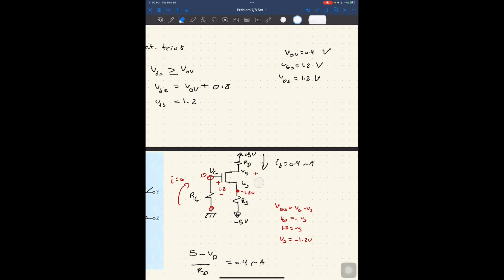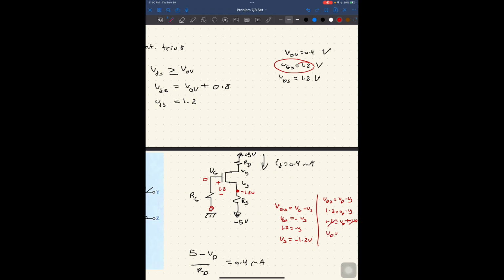Okay? So through some not even that complex math, really just saying that no current flows through the gate, the gate is 0. If the gate is 0 and VGS is equal to 1.2, then VGS equals VG minus VS equals 1.2, and this is 0, then VS equals minus 1.2 volts. And continuing off this math, VDS is equal to VD minus VS, and VDS is equal to 1.2 is equal to VD minus VS. Minus VS is 1.2, so 1.2 is equal to VD minus 1.2 volts, which is just plus 1.2 volts.